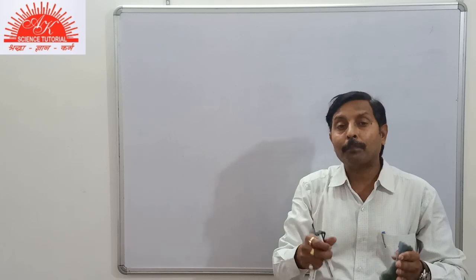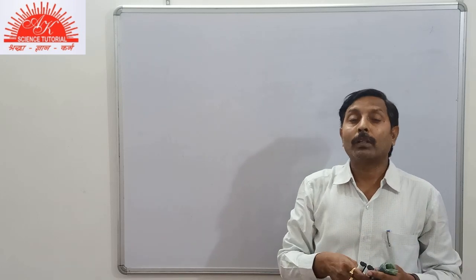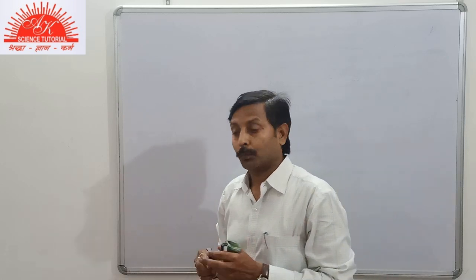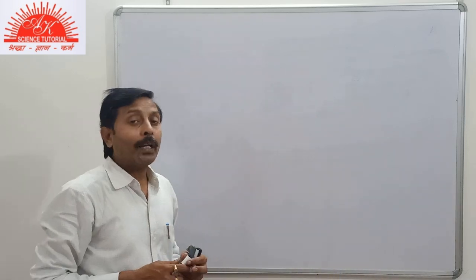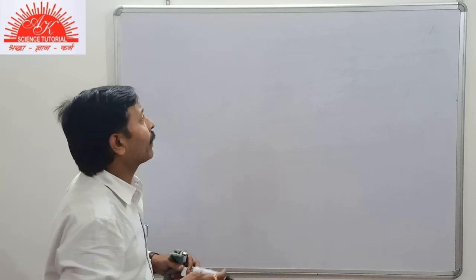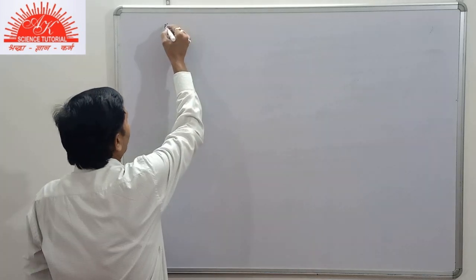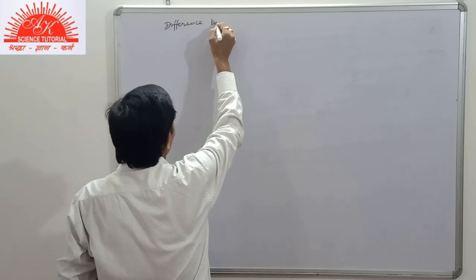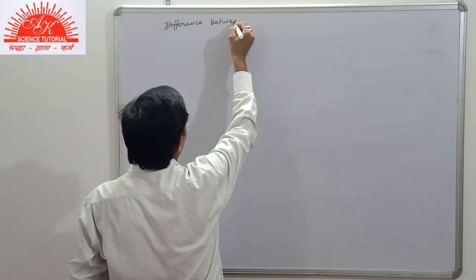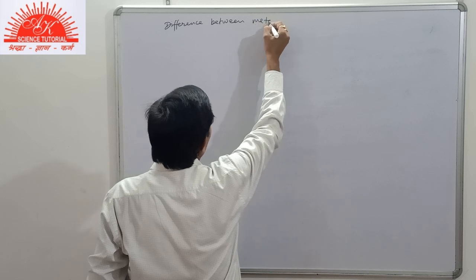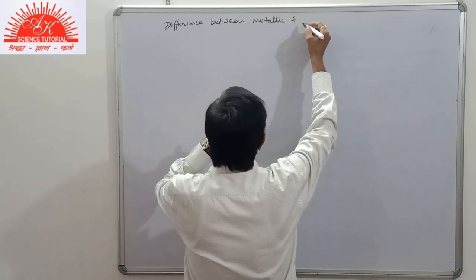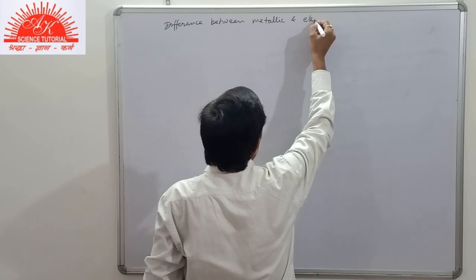If they are written separately in columns, it will give us a proper difference between the two. Now, one more thing, there are some differences further, that is difference between metallic and electrolytic conduction.